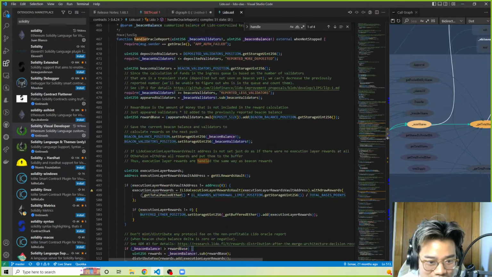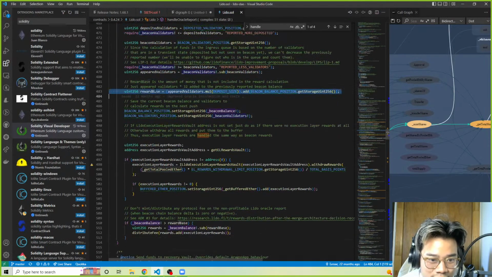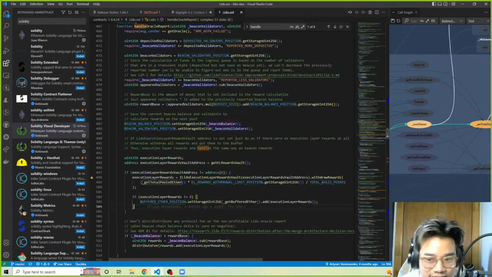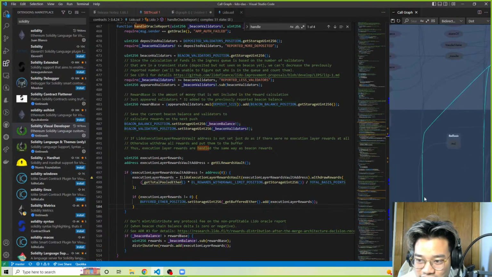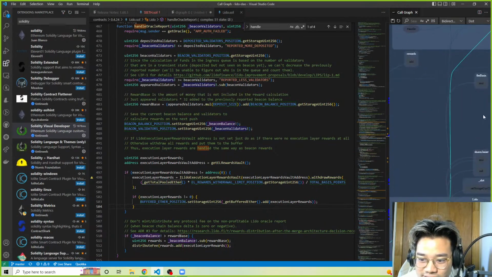But if you look through it, you can see there's some sort of rewards going to validators, and some sort of fee happening. But I don't see where mint is being called, so I have to look through and see that it's actually distribute fee that's calling mint.